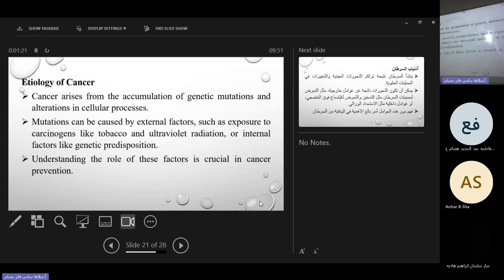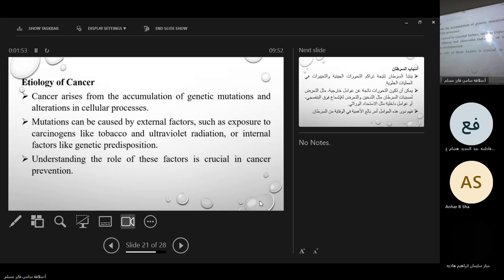Etiology of cancer. Cancer arises from the accumulation of genetic mutations and the alteration in cellular processes. Alteration means changes. Mutations also means changes, but they have separate Arabic equivalents.